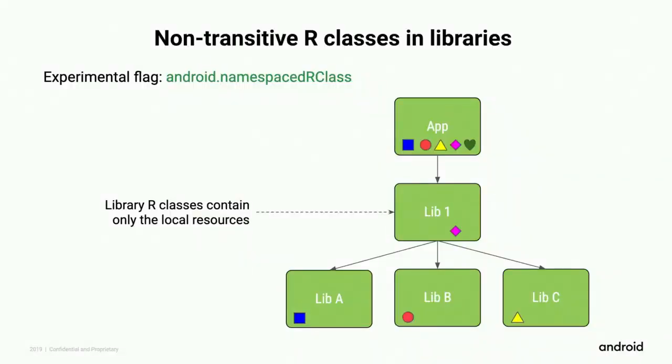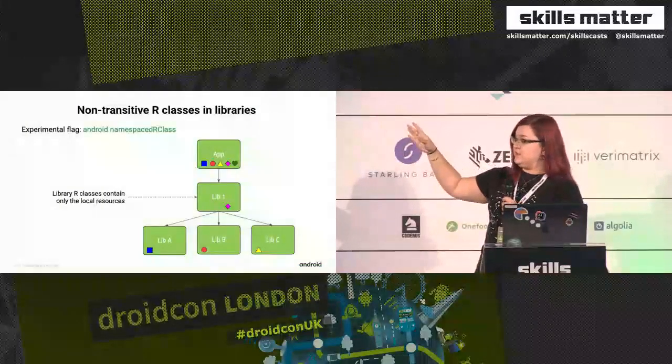So that's pretty big. To battle this, there is another flag. We call it the namespaced R class or non-transitive R class. What this does is in library modules, the R classes will only contain their own local resources, greatly reducing the size of the R class.